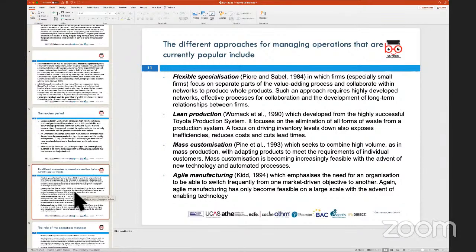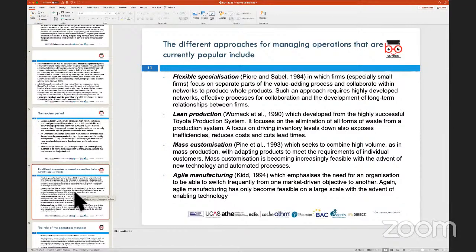We see these processes now being put into practice within the concept of operations management. So when we talk about flexible specialization, we see here that firms focus on producing separate parts, which are produced by suppliers who have expertise in those production areas, and then they utilize those parts to bring across in their product, assemble it, and then sell it.